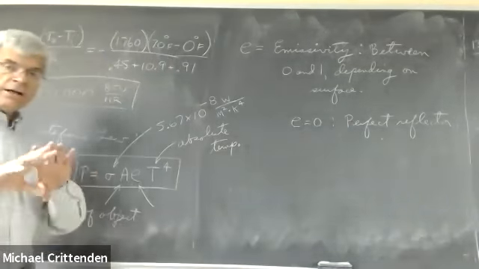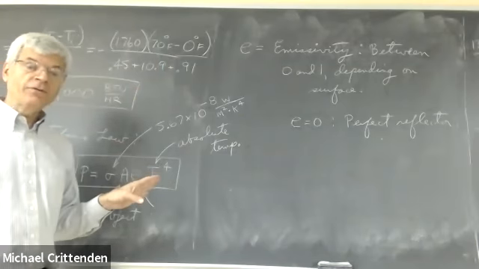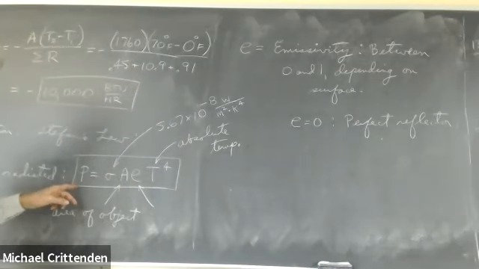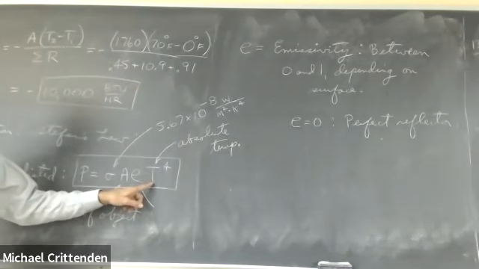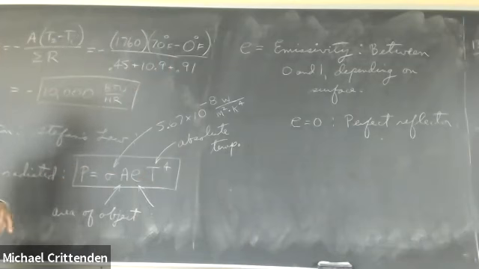So if you had a perfect mirror that reflected 100% of the radiation that hits it, then it doesn't matter how hot you get that thing, and it doesn't matter how big it is, no radiation is getting out. But that would just be an idealized extreme.